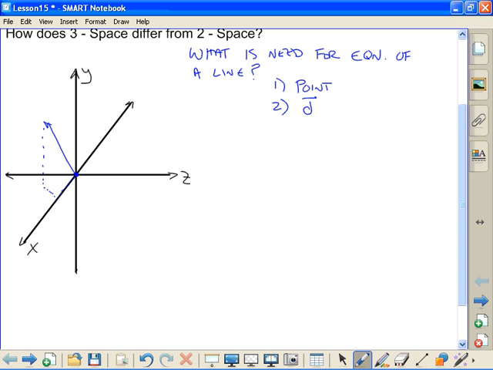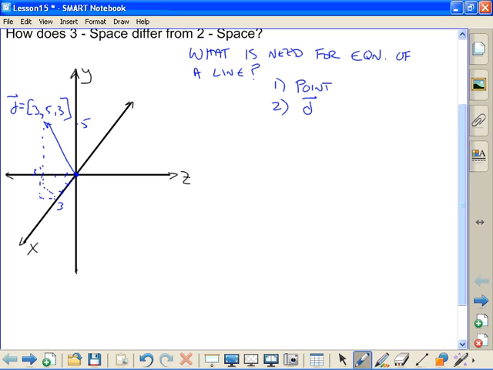So in this case, this might be, let's say, 1, 2, 3 on the x-axis. Oops, I guess it would go this way before going up. So let's go 1, 2, 3 on the z, and maybe 5 on the y. So our direction vector now has 3 components, is basically what I'm getting at here. Oops, 3, 5, 3.